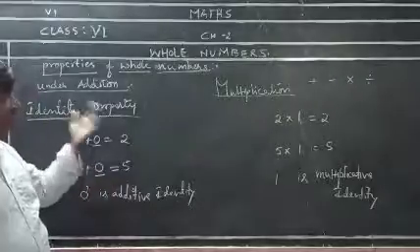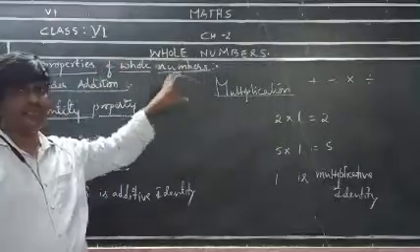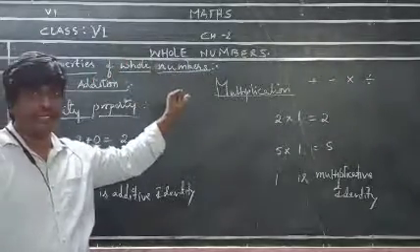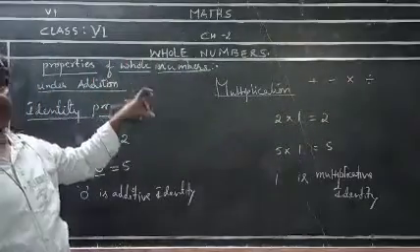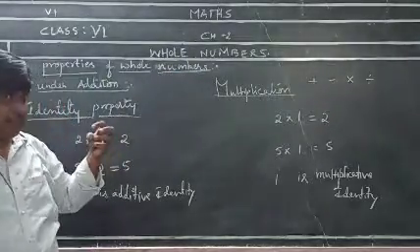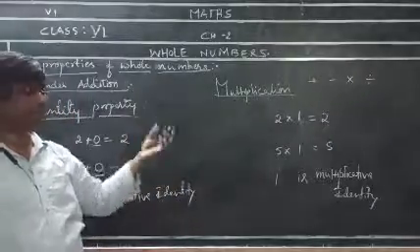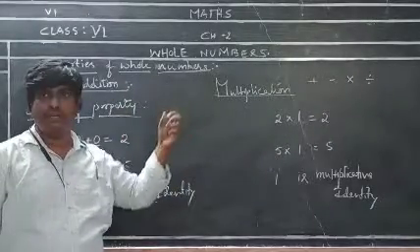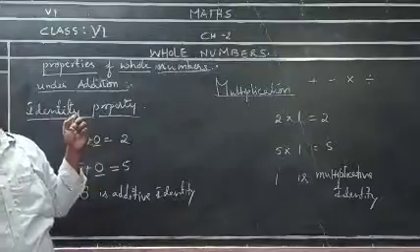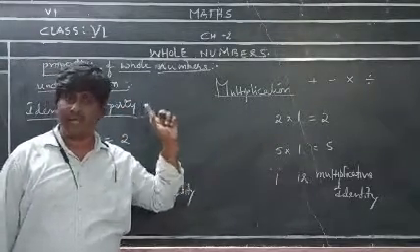And we learned in this session what the whole numbers are, with what letter the whole numbers are represented, how we represent the whole numbers on a number line, what the use of the number line is, and what operations can be solved using the number line. Means addition operation, how can we solve it in the number line? Subtraction, how do we solve it in the number line? Multiplication, how do we solve it in the number line?